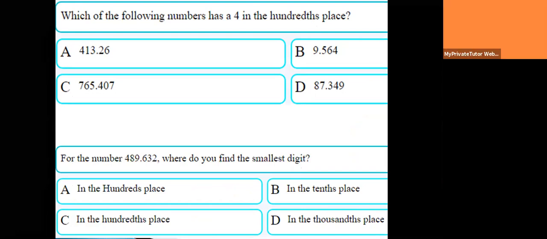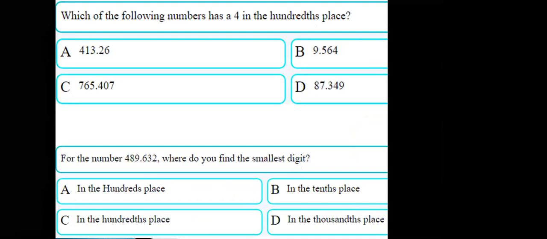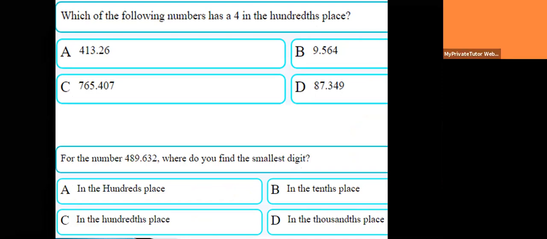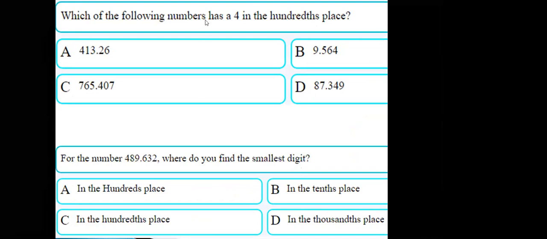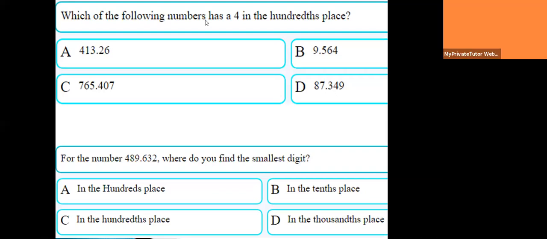D. It's D. For the last one, thousands. Which one? D. Both of them are D. Hundreds place is obviously D, right? Okay, nice.